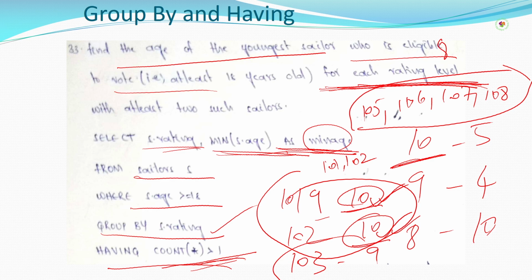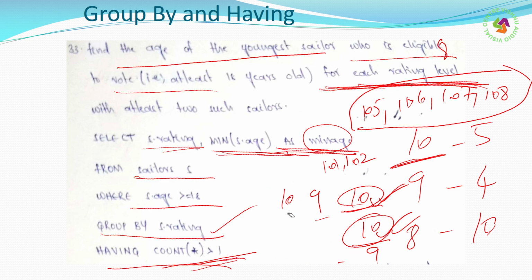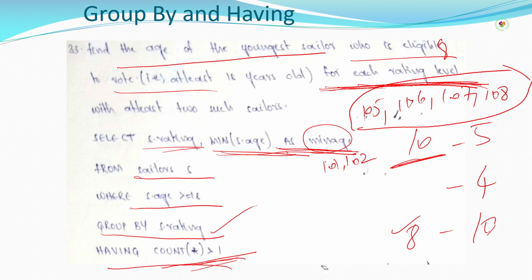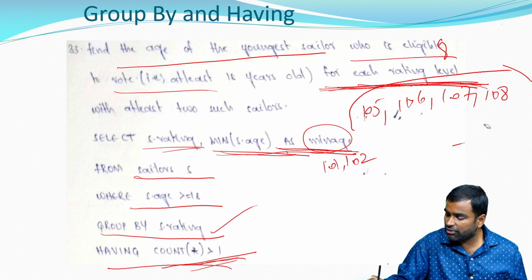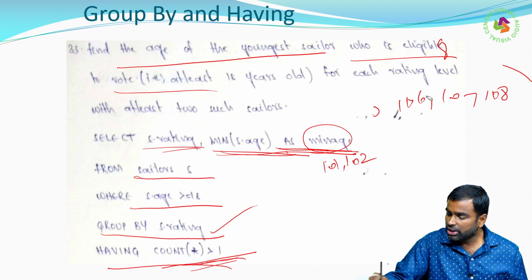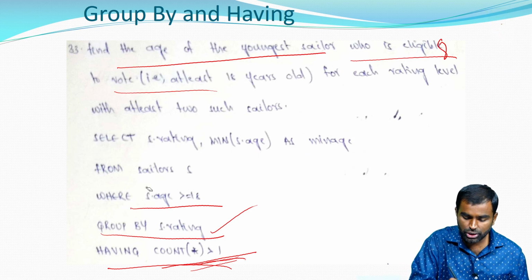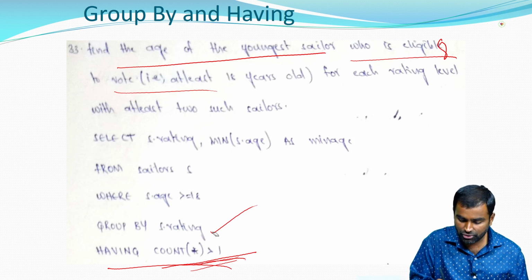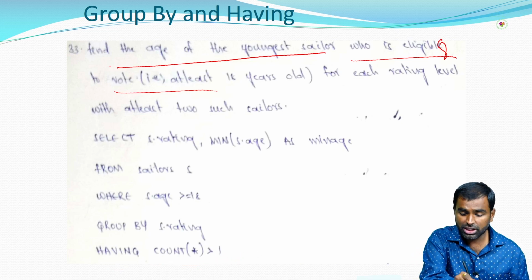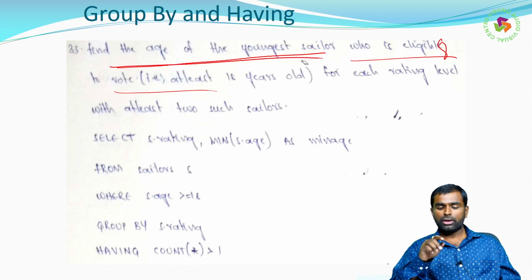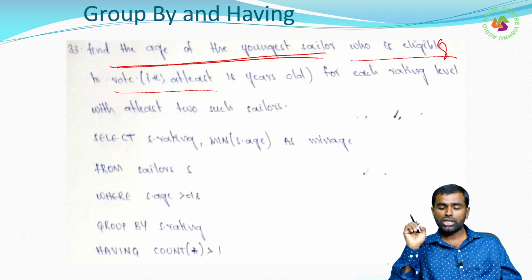Writing this query is very easy. You just have to study the question and understand each and every portion, then write the different parts of the query. That is the easy way of writing a query: study the question, go through it once or twice.